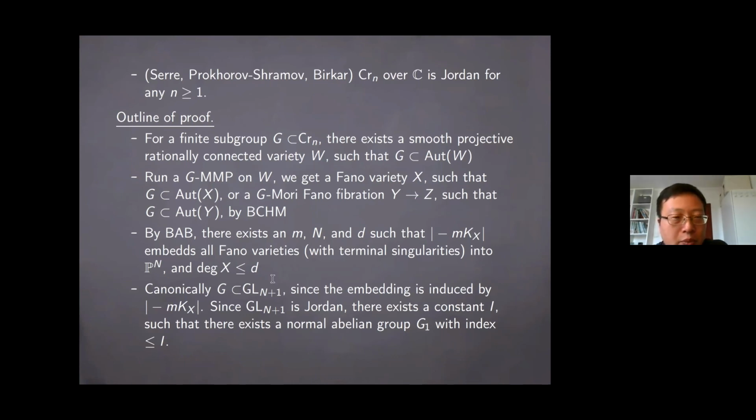Since GL_N is Jordan by Jordan's original result, it is not difficult to prove that Aut(P^N) also has the Jordan property.